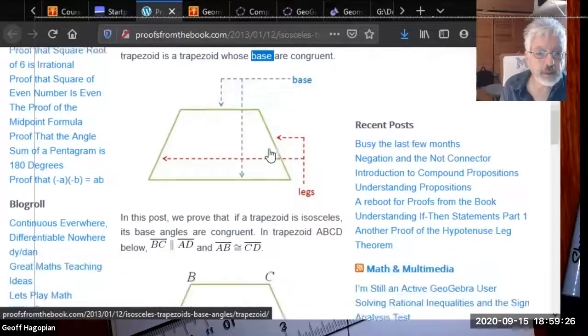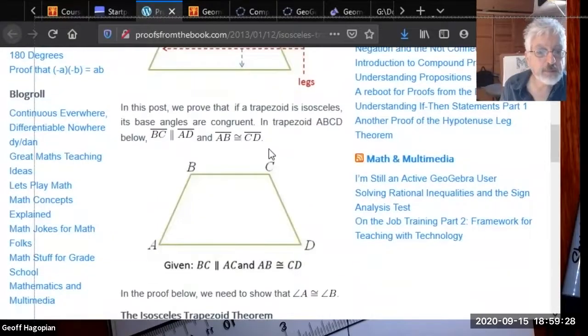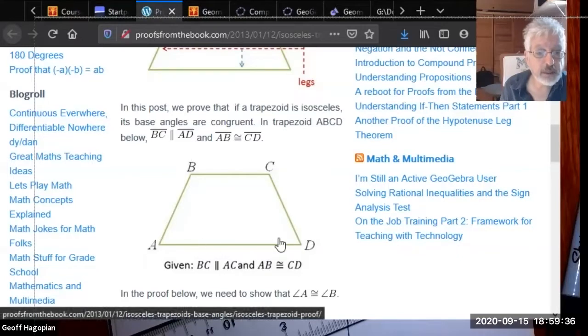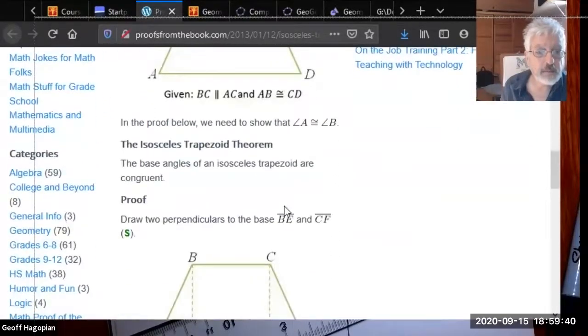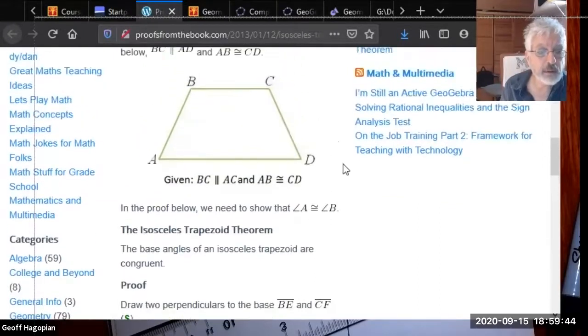So much for the book, huh? In this post, we prove that if a trapezoid is isosceles, its base angles are congruent. They're saying BC is parallel to AD, we did that. AB is congruent to CD, we did that. We need to show that angle A is congruent to angle B. It's another typo. Jeez. So much for the internets, huh?